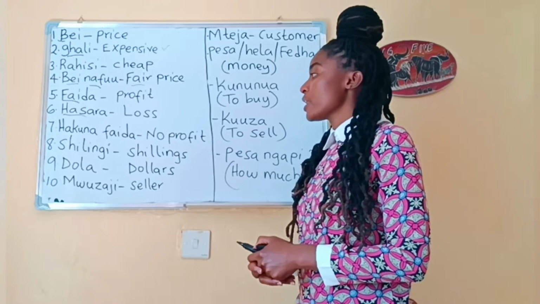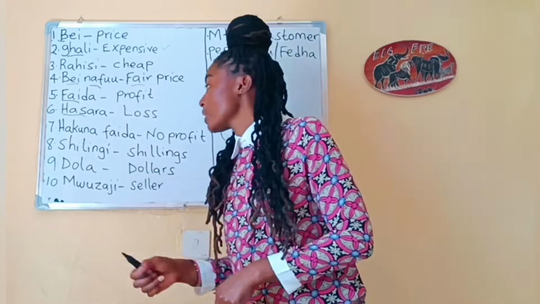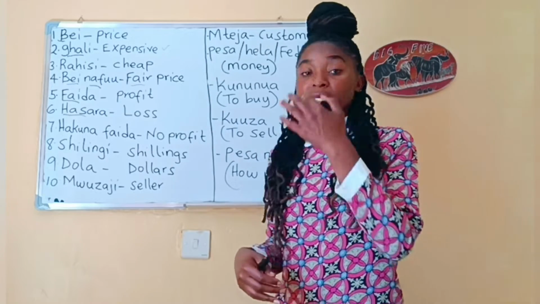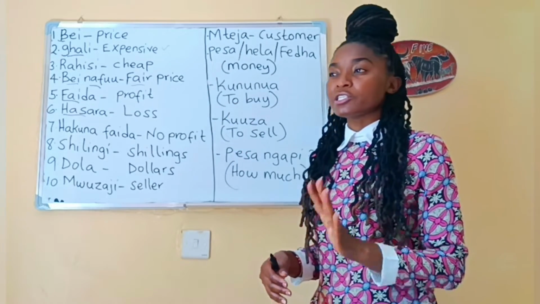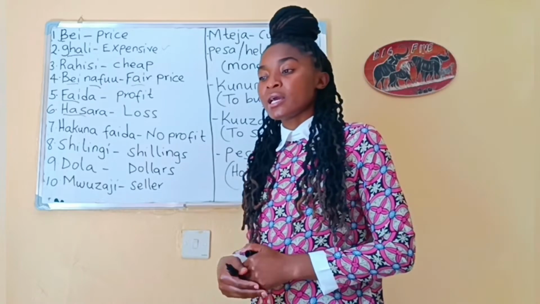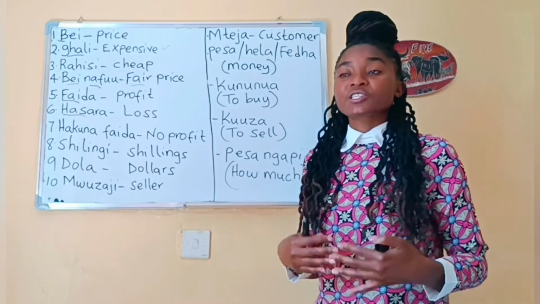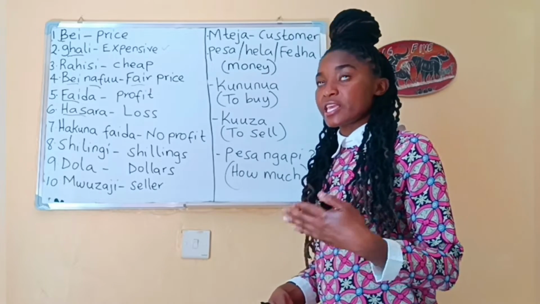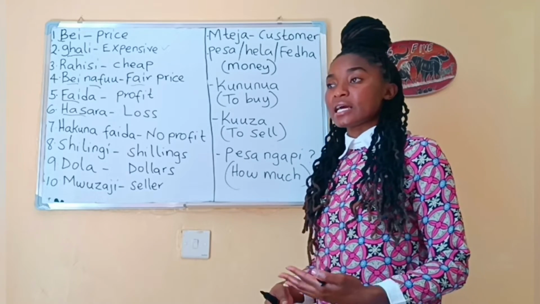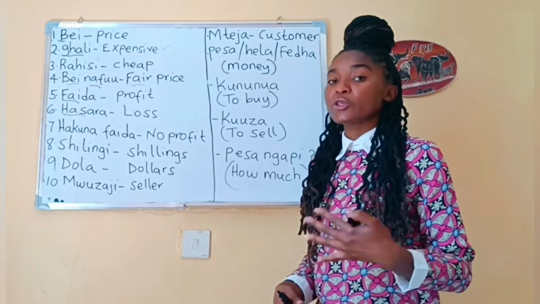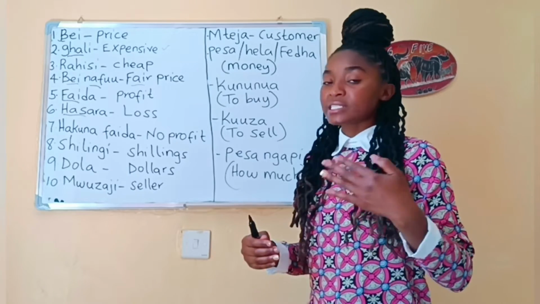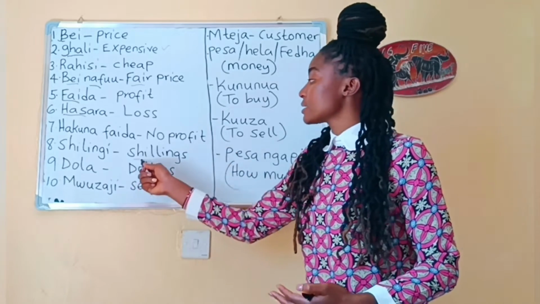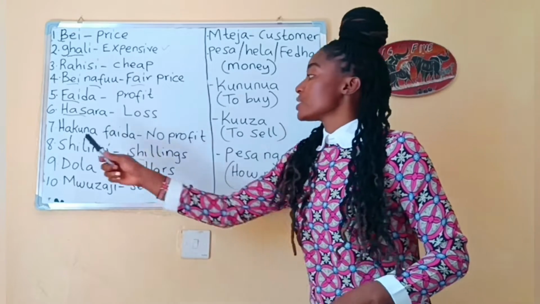Okay, then we go to the next one, shillings. You know, different countries have got different currencies that they use. In Kenya, we use Kenya shillings. In a country like Tanzania, you will say Tanzania shillings, Uganda shillings. So the word shillings in Swahili we say shilingi.